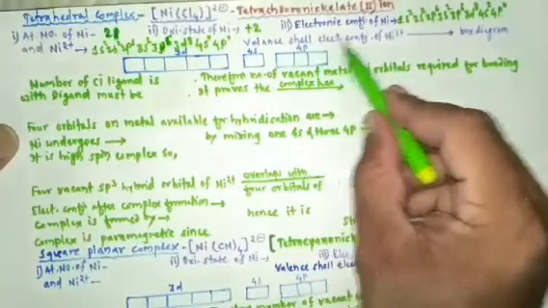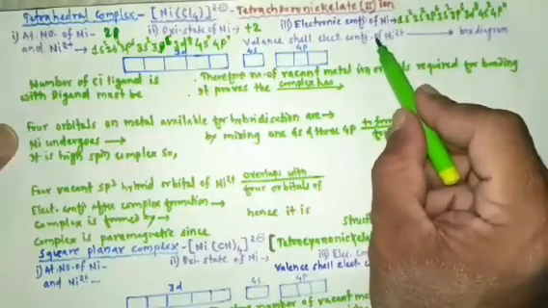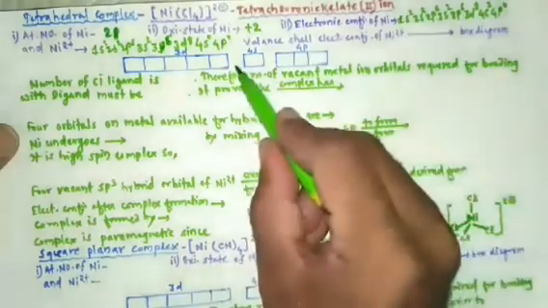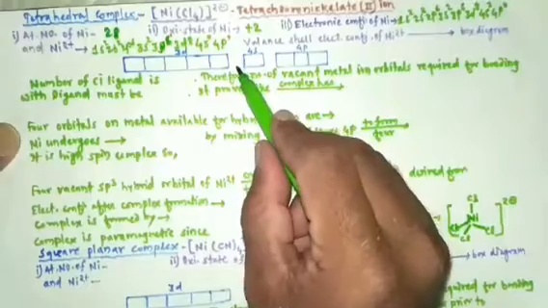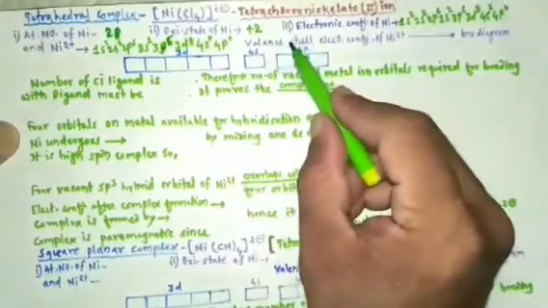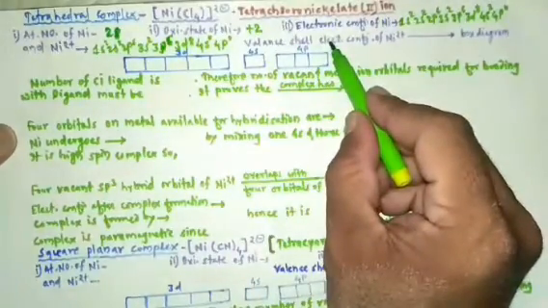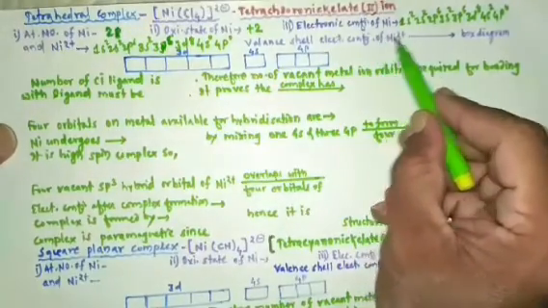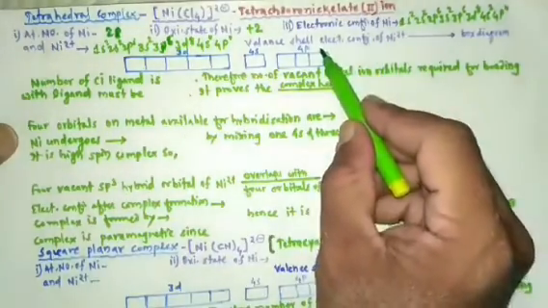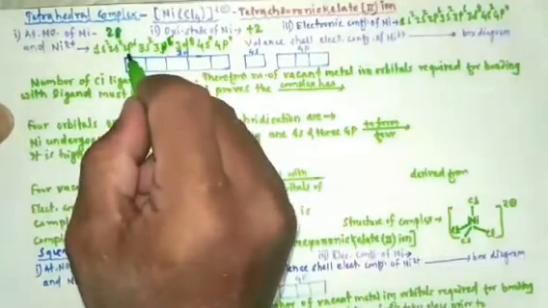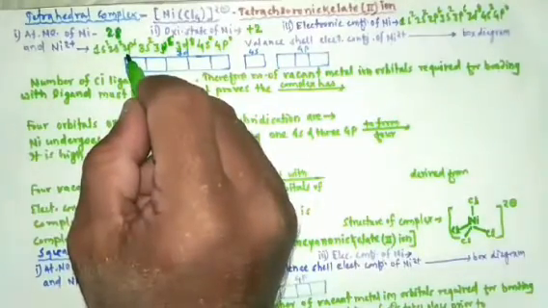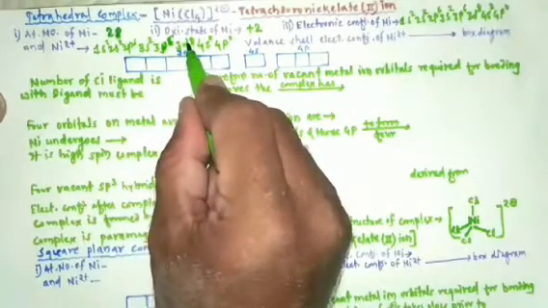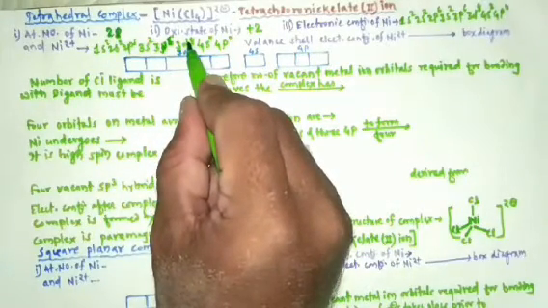Then the valence shell electronic configuration of Ni2+ ion is represented in a box diagram as follows. Let's represent the valence shell, that is the outer electronic configuration of Ni2+ ion, by using box diagrams. It contains 3d8 electrons.